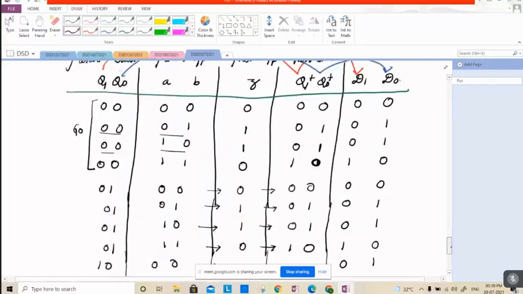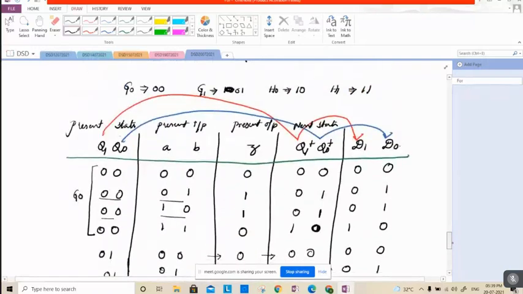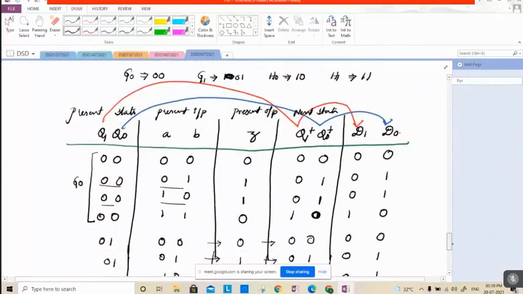Can you quickly tell me the expressions for Z, D1 and D0?